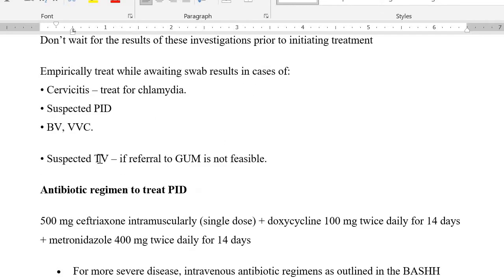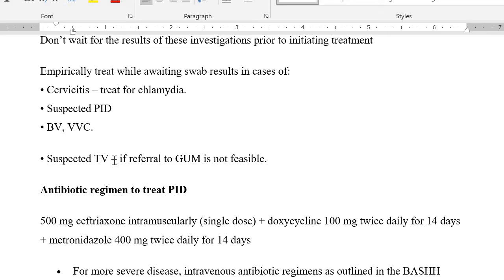When will you suspect Trichomonas vaginalis? When there is yellowish green frothy discharge. If referral to the GUM clinic is not feasible, like it is far or the patient doesn't want to go there, then we are going to start the treatment with Flagyl.